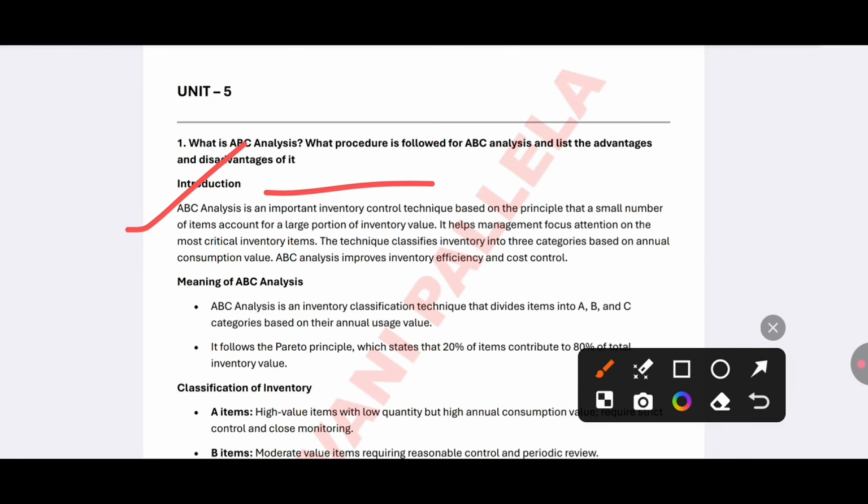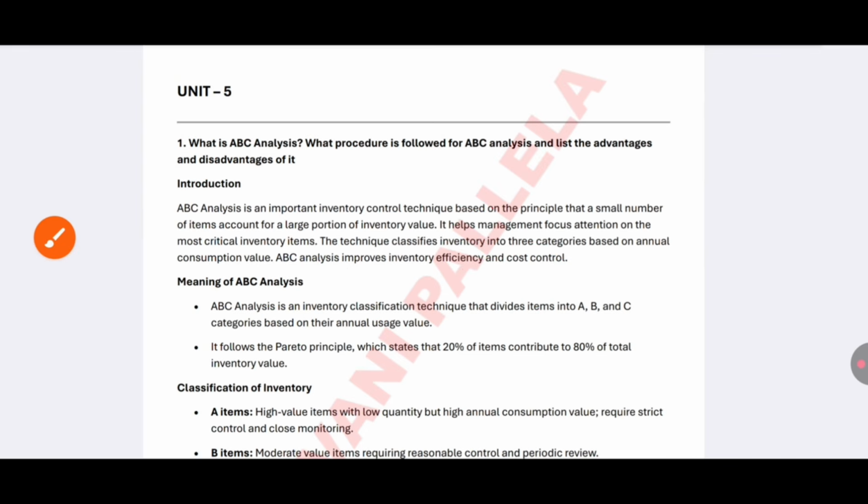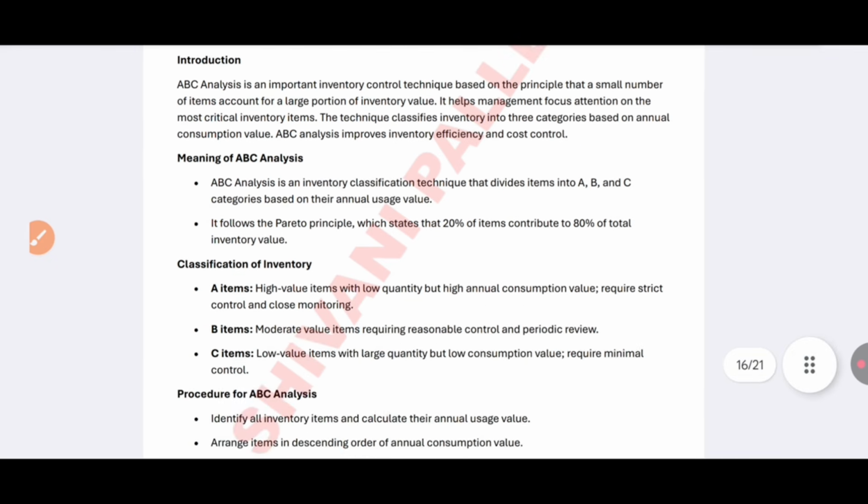Whatever technique we are using, it will help to understand your inventory. It is based on 3 categories, that is A, B and C. This will be helpful for inventory efficiency and cost control also. Whatever cost expenses we are having in the inventory of the organization, it will be helpful for them also.